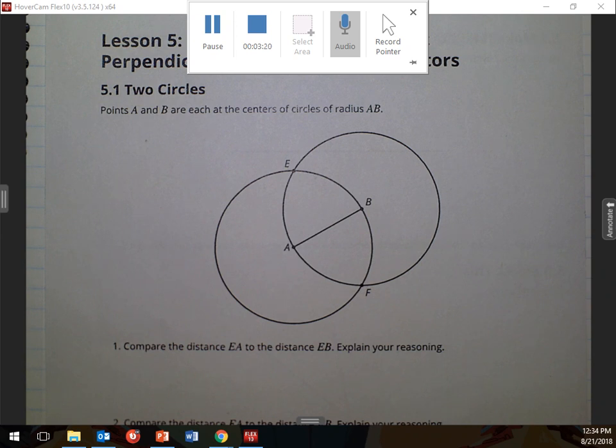So EB is the radius of circle B, isn't it? And for circle A, AB is the radius, but so is AE. From the center to the edge of the circle is the radius. All radii, that's the plural of radius, are always going to be congruent.